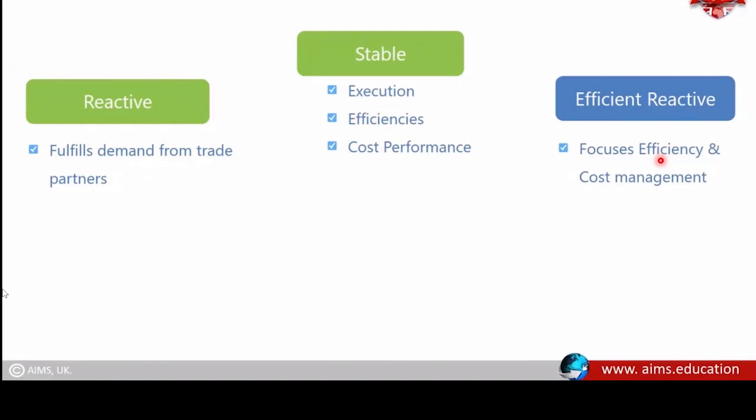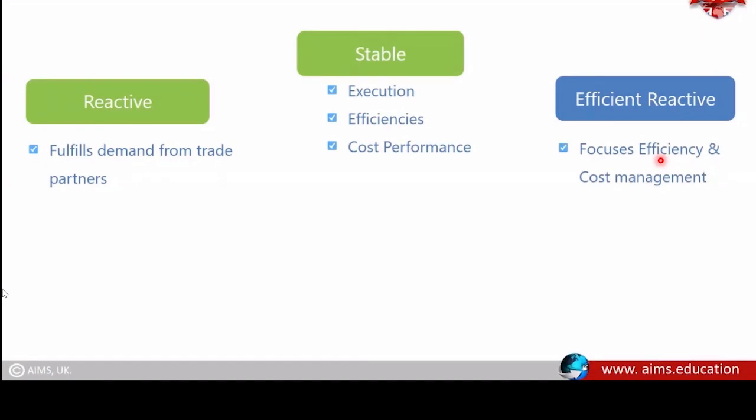We assure that the maximum capacity of the line is being utilized so that the optimal number of products are produced. Also in terms of cost performance, we can sell at an affordable price if our supply chain system is in place and no muda, downtime, or waste is present in the process.